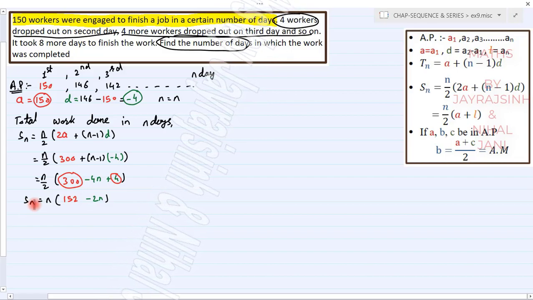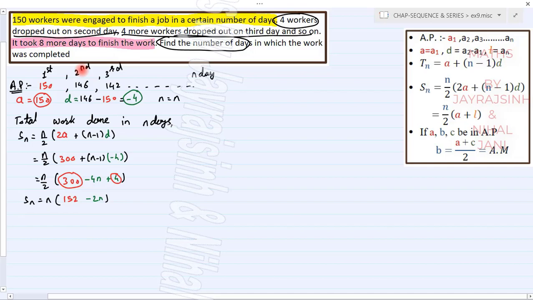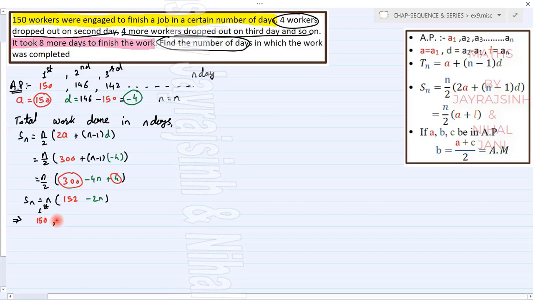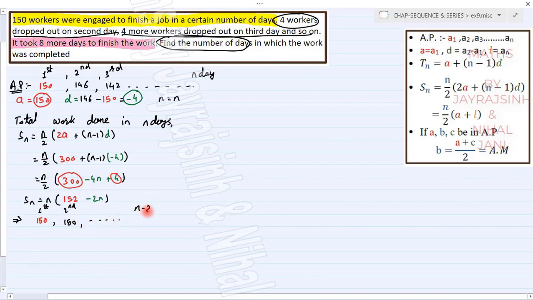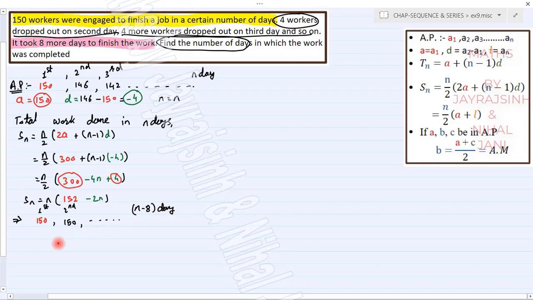Now let's use the second condition. It says that it took 8 more days to finish the work. So if we consider that on the first day we have 150 workers, on the second day still 150 workers, and so on, then it will take n minus 8 days to complete the job.